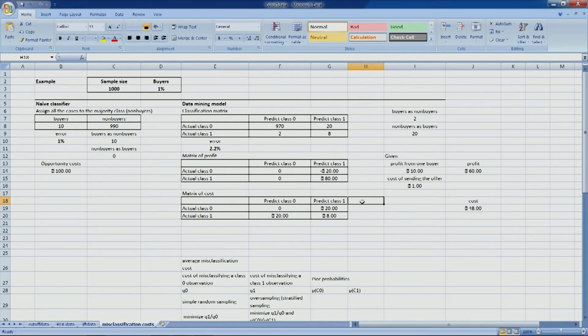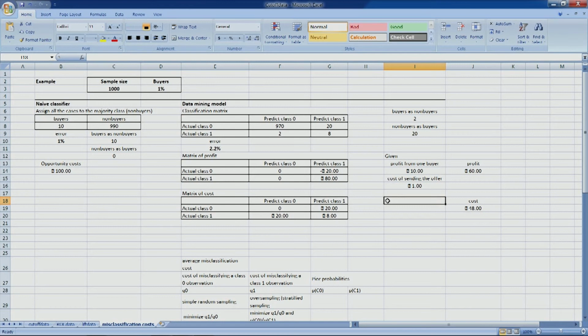From these 8 members, we will have 80 rupees, 10 from each buyer. And 20 were classified as class 1, but they are actually class 0 members. So we will have a 1 rupee cost of sending the offer, reflected through a minus sign, minus 20. So overall we will have a profit of 60 rupees.